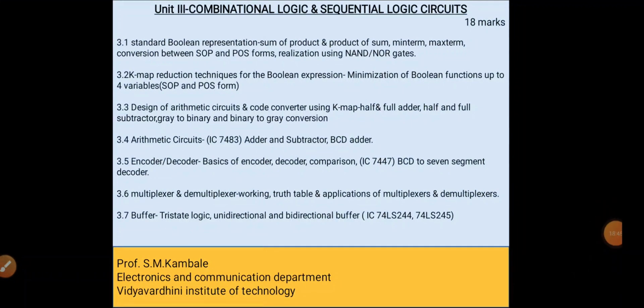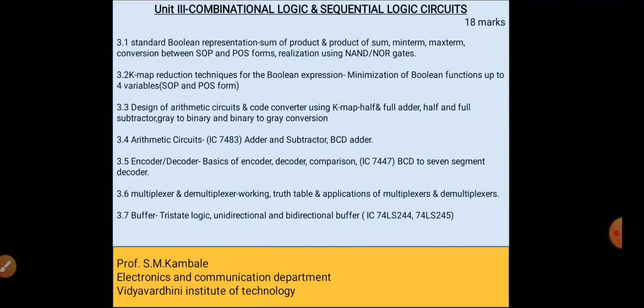Unit number 3, combinational logic and sequential logic circuits, which contain 18 marks, in which the first subtopic is SOP and POS forms. SOP is nothing but sum of product and POS is nothing but product of sum. Here we can also see the concept of min term and max term.